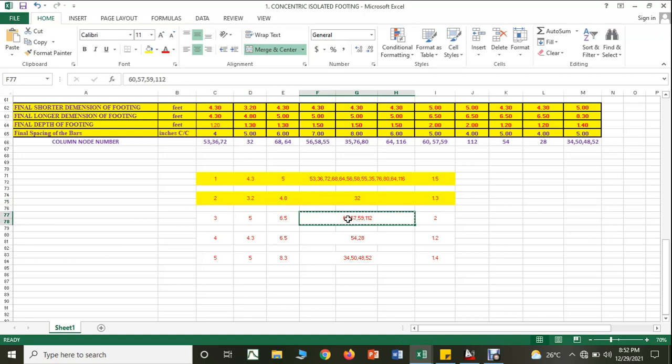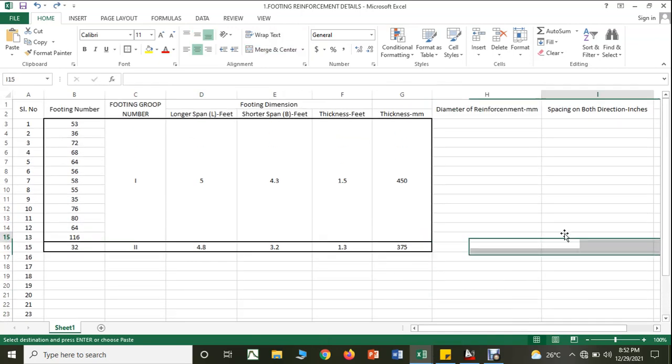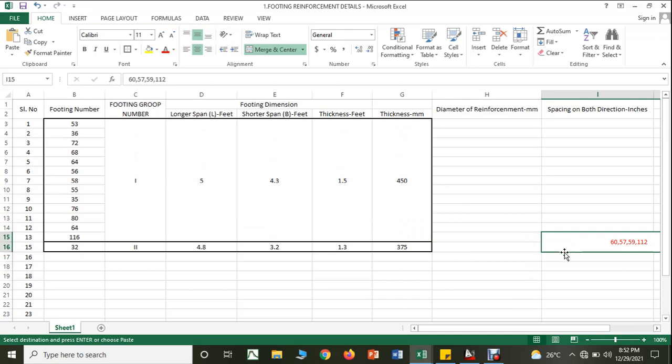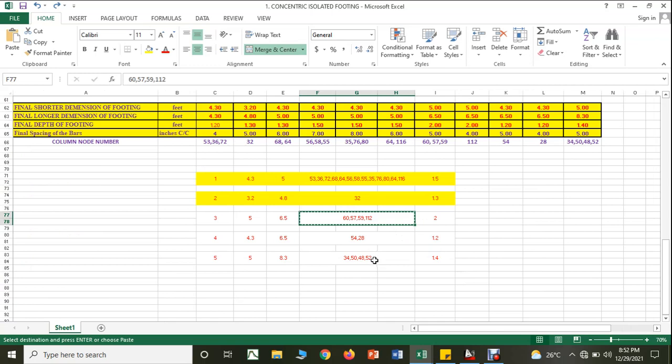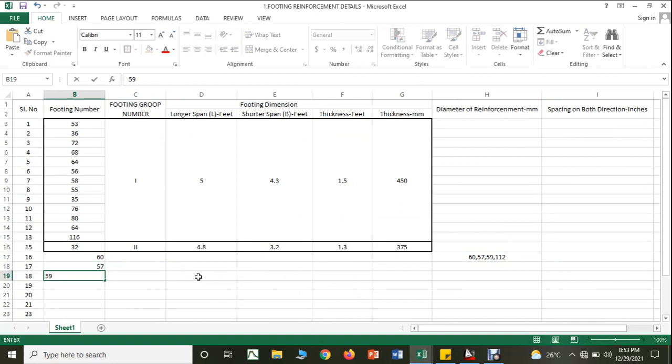Then what is the third set of numbers? 50, 60, 57, 59, 112. I'll just copy it here. So what are the numbers? 60, 57, 59, 112, right?